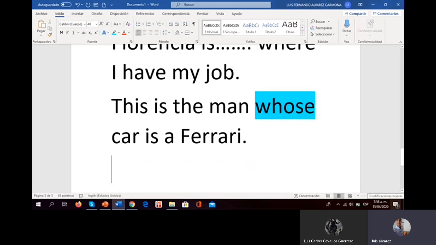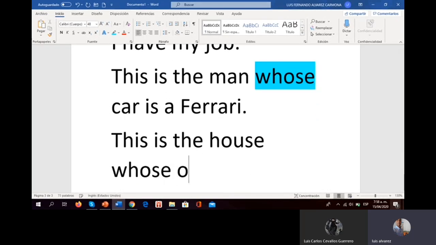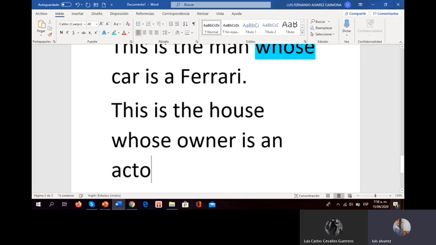All right. Another example. This is the house whose owner is an actor. Whose.